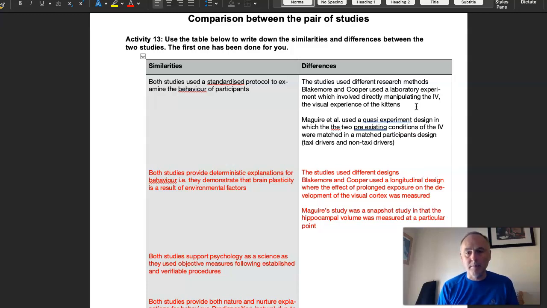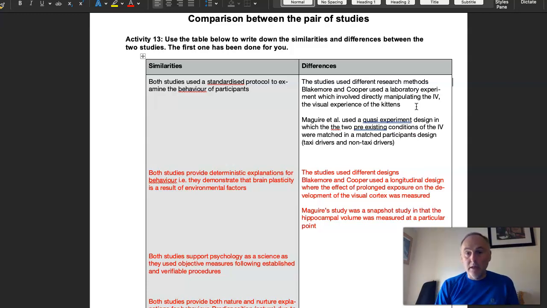There was the hooped version, so the stripes going horizontally, and you had the stripes going vertically, and otherwise they were kept in the dark, weren't they? So that was essentially their particular environment, and that was manipulated directly by the investigator. So that simply meant that you've got an IV which has been manipulated by the investigators. Therefore, you've got a laboratory experiment.